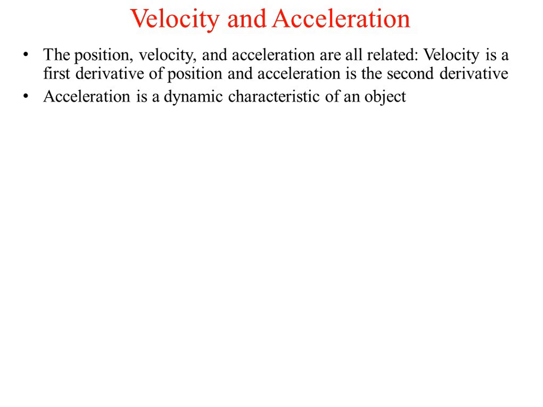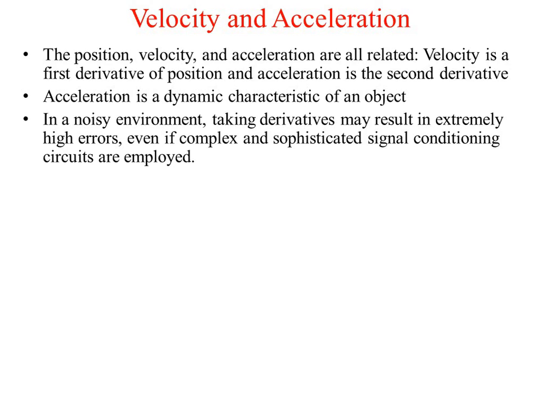Acceleration is obviously a dynamic characteristic of an object because it is a second derivative, and in a noisy environment taking derivatives may result in extremely high error, because when you take the derivative you are separating out a part of the signal, and that may cause higher errors.